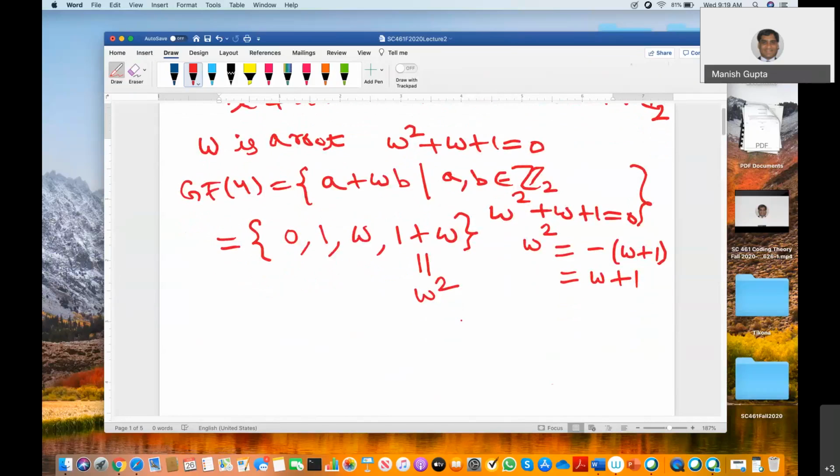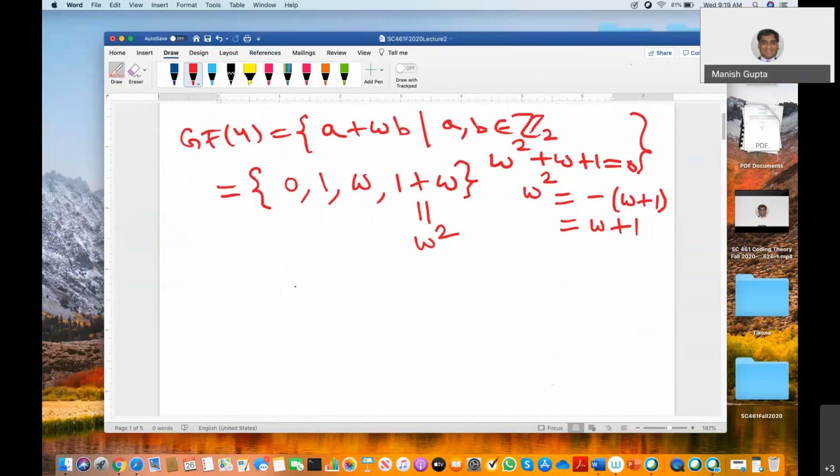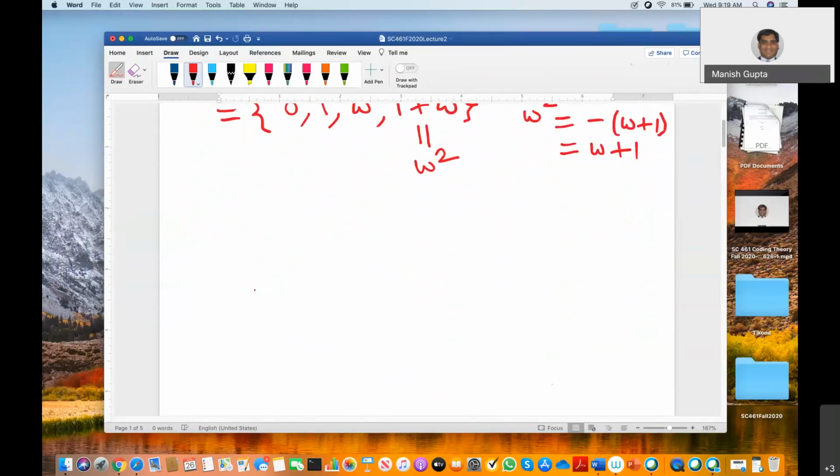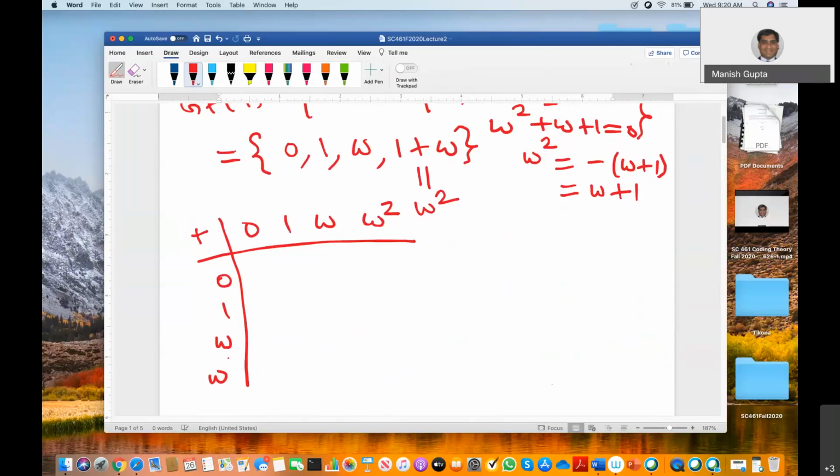Right? So let us make a table and see whether we have constructed a field or not with respect to addition. Zero, 1, omega, omega square, along both axes.